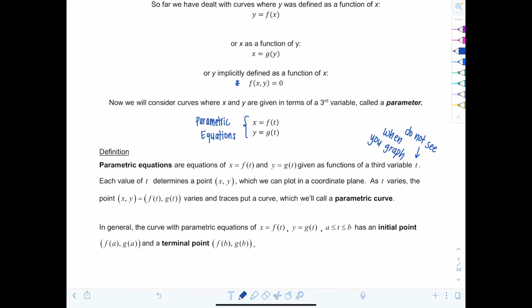You're not seeing what t is doing graphically. Each value of t determines a point x, y, which we can plot in a coordinate plane. And as t varies, the point x, y, which we could write as f of t, g of t, varies, and it traces a curve, which we'll call a parametric curve.